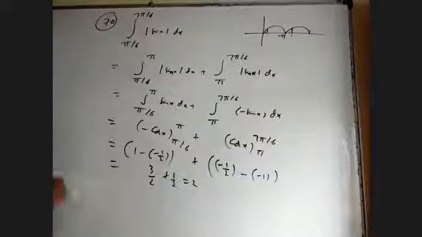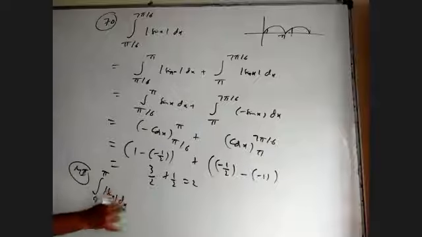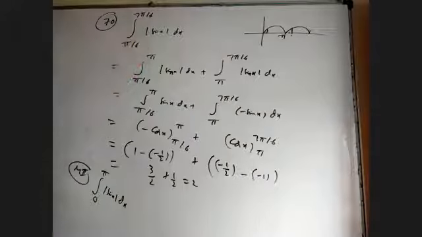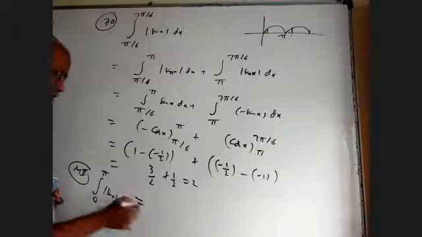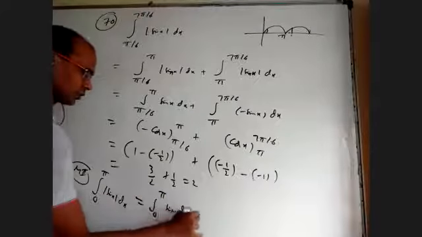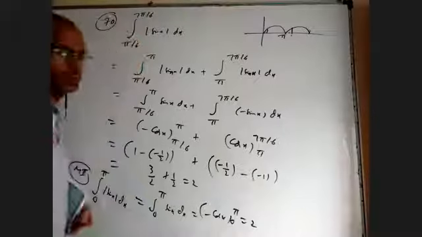So method 2 is I can subtract pi by 6 and it is same as 0 to pi mod sin x. I can subtract pi by 6 here, pi by 6 here. And that is very easy. Between 0 to pi, sin x is positive, so we'll get sin x dx. Integral is minus cos x, 0 to pi, and that is 2 units. So like that also can be done.